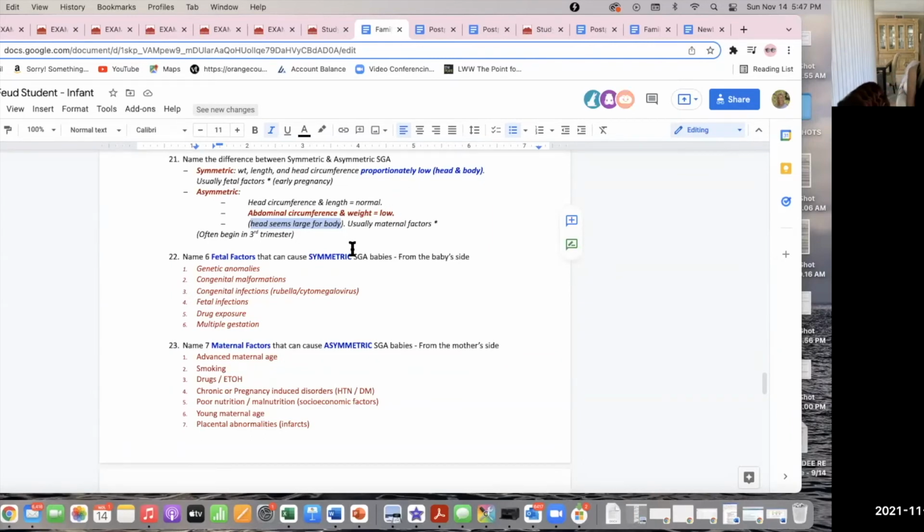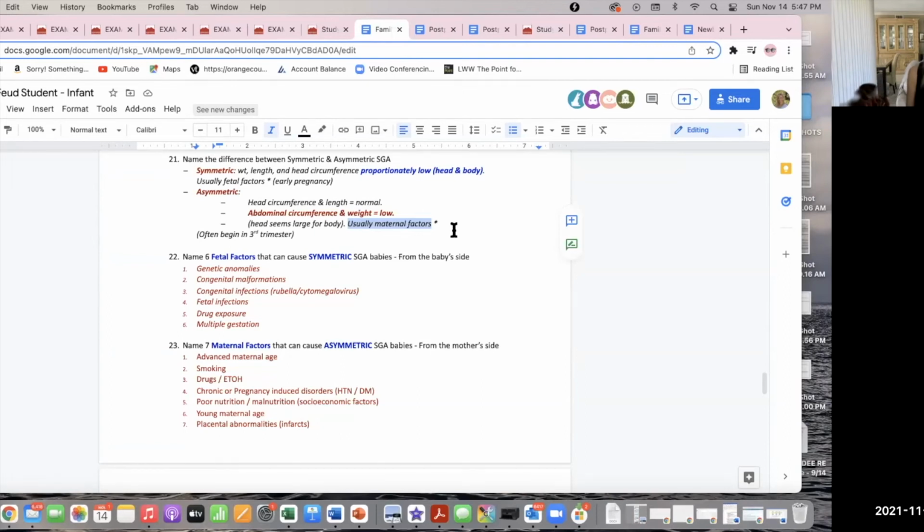And then I've listed for you here, if it is asymmetric, usually it's mom issues that cause this. If it's symmetric, small babies, usually it's fetal factors like twins, okay? So they're symmetrically small. If it's asymmetric, it's usually uterine or maternal factors, being PIH, diabetes, mom has these illnesses, mom's smoking, mom's taking cocaine, and causes this vasoconstriction that causes the baby to lose weight.